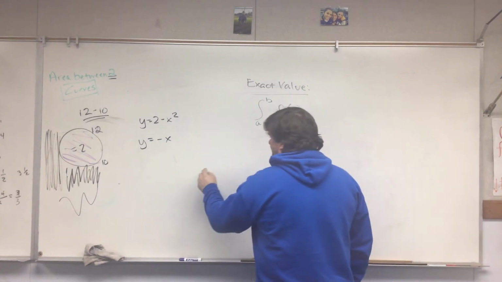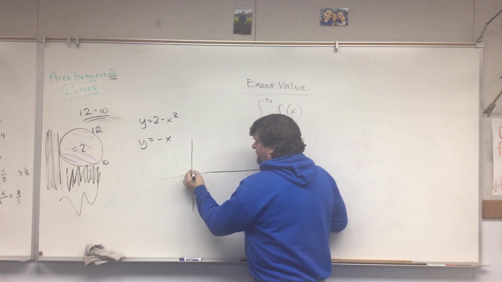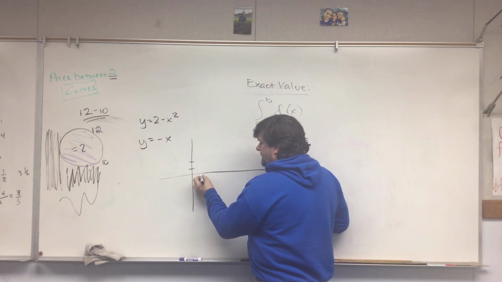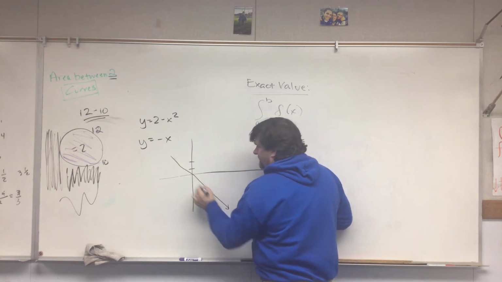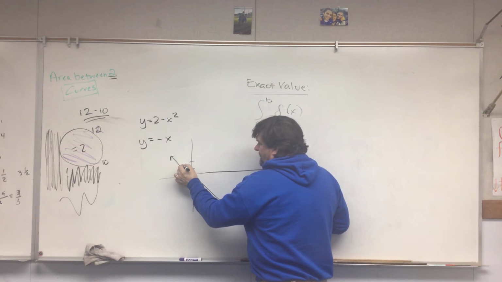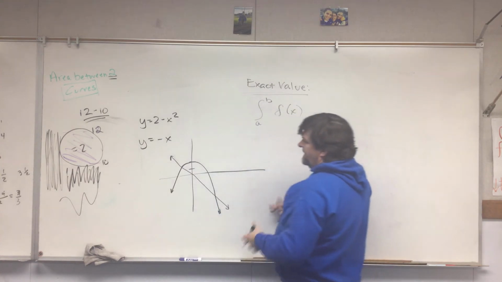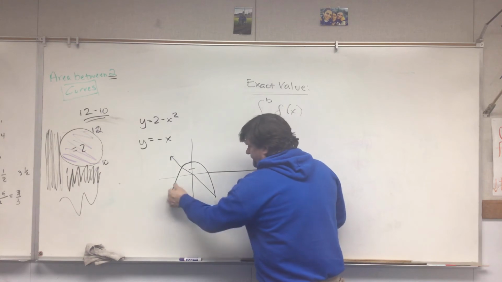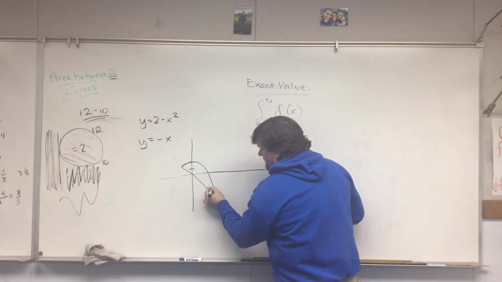So I've got this system here, and I know it's up at 2, and then I'm going to have my y equals negative x do something like this, right? And I know that my curve is going to go down something like that. And they want the area between the two curves, so we're really only worried about these two, this little graph right here.